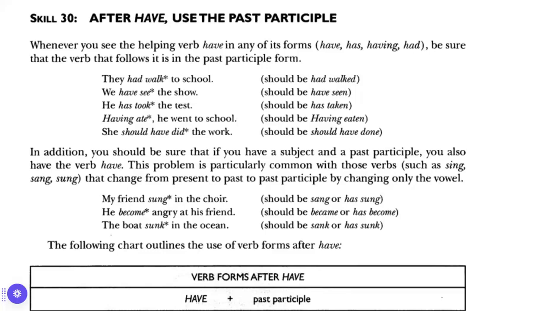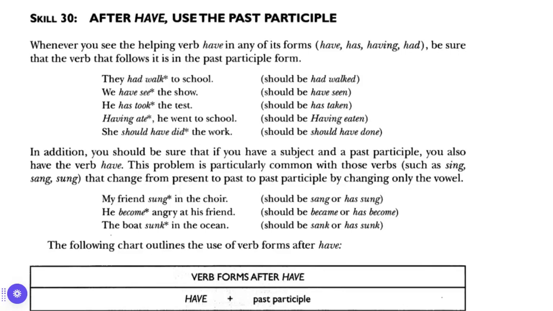In addition, you should be sure that if you have a subject and a past participle, you also have the verb have. This problem is particularly common with those verbs such as sing, sang, sung, that change from present to past participle by changing one vowel. For example, my friend sung in the choir. It should be sang or has sung.